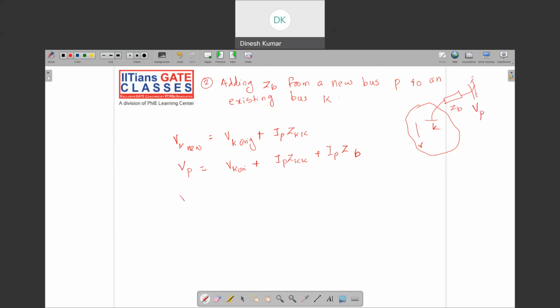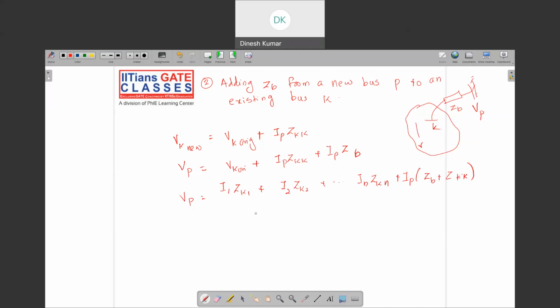Now we can write Vp as I1 into Zk1 plus I2 into Zk2 plus etc. up to In into Zkn plus Ip into (ZB plus Zkk). Here Vk original is what I have just written. So we can just expand this.